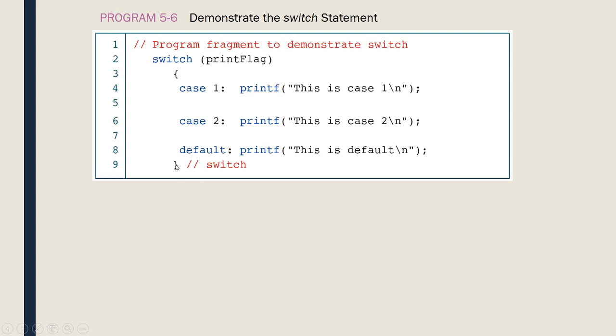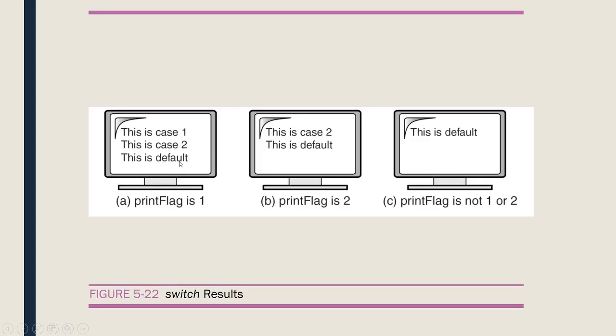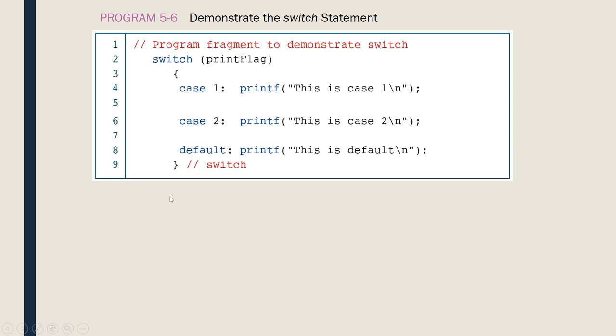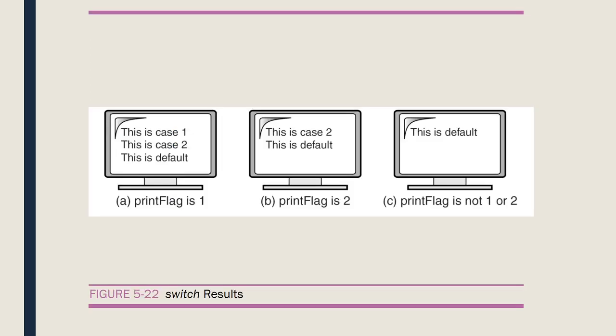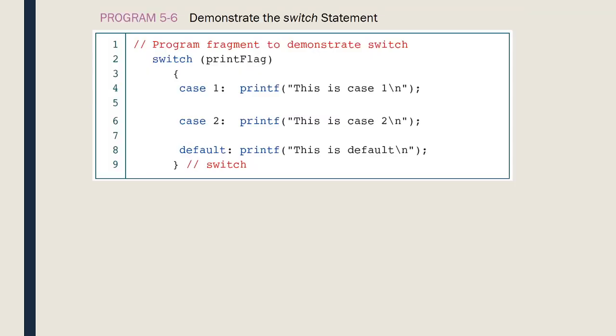All right, so this figure shows the switch results that is shown in the previous slide. If the value of the print flag is 1, all of these three statements will be displayed.